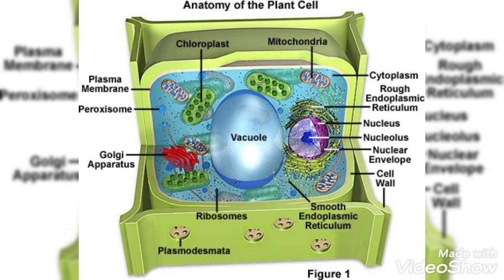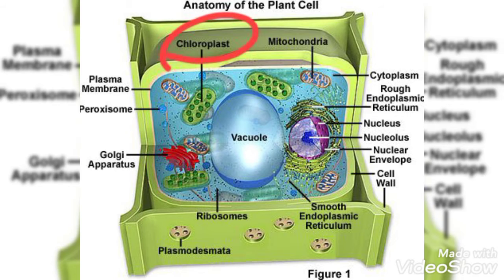And we can only find the chloroplast, the cell wall, and the vacuole in the plant cell. So we will just define those terms that we haven't defined yet because they are not included in the animal cell.